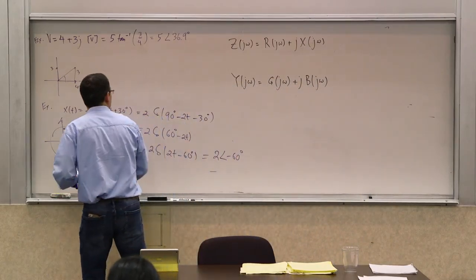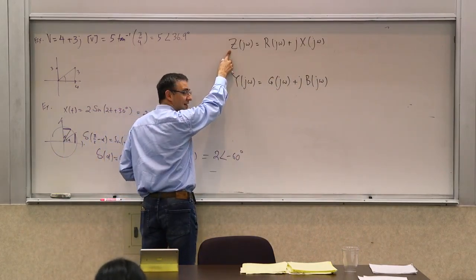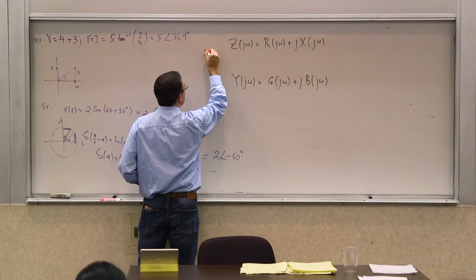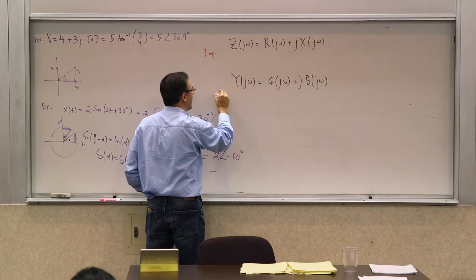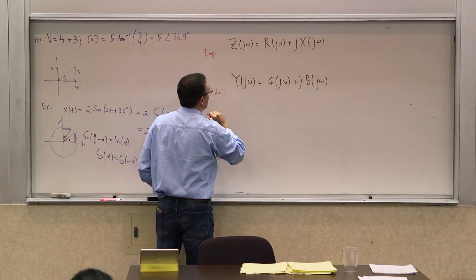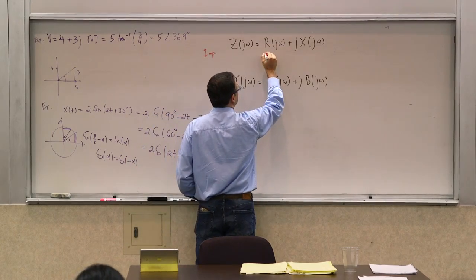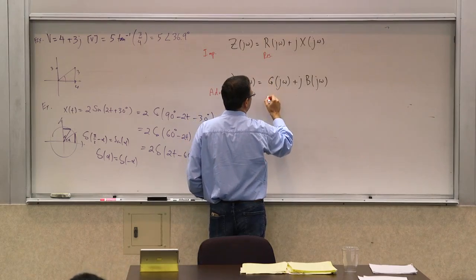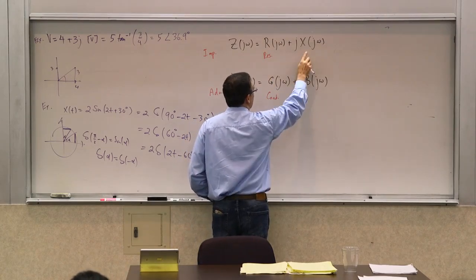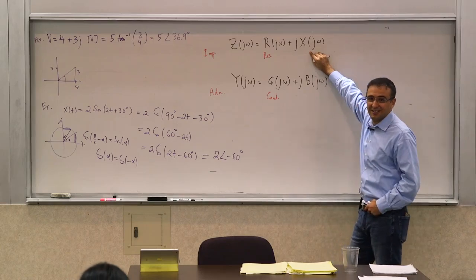So what are the names? We know this. What is the name of this guy? Z? Impedance. Right? And what is this? Admittance. What is this? Resistance. What is this? Conductance. You know what this is, right?